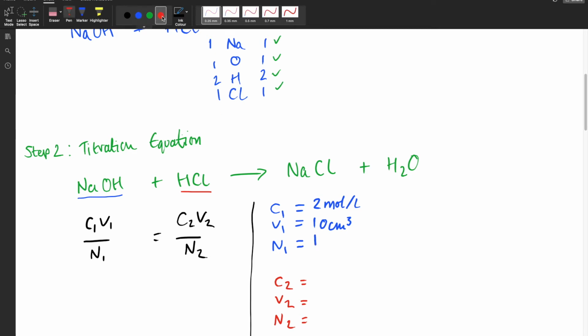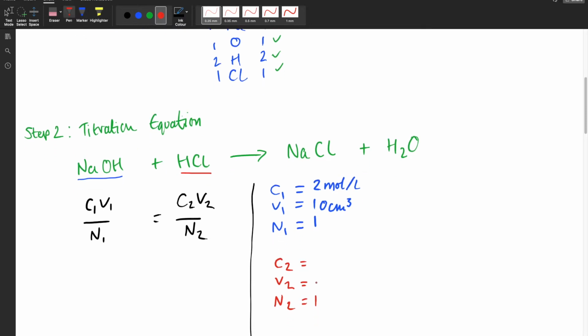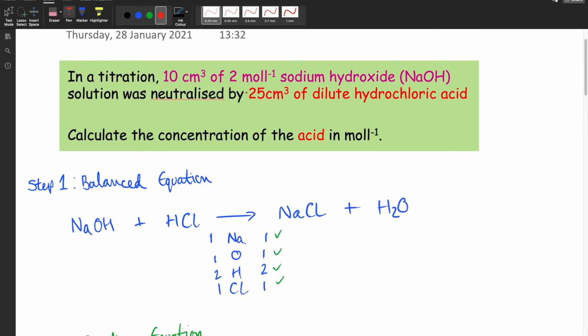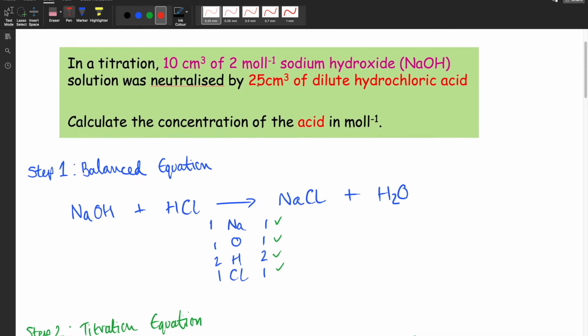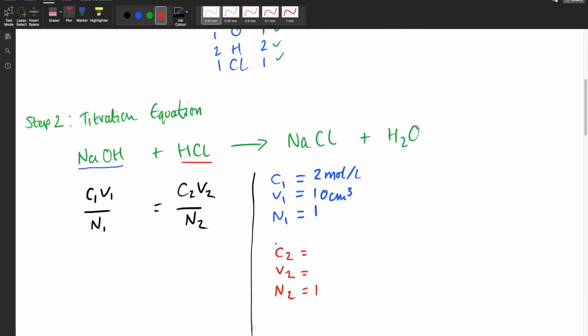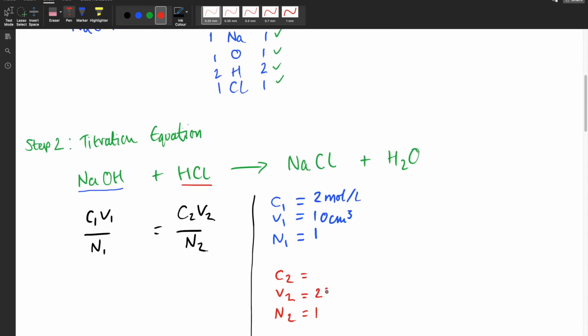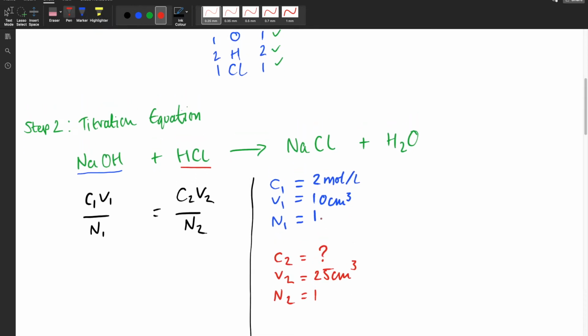And we can do the same for our acid. We know that's a 1 as well. Now what did it tell us about the acid in the question? It told us the volume, so we can also put the volume for our acid in there: 25 centimeters cubed. And it asked us for the concentration in the question, so I'm going to put a question mark there.